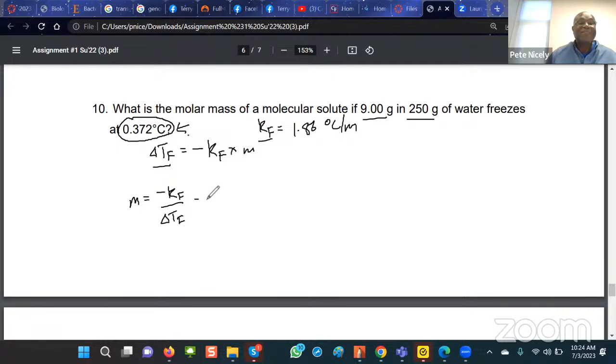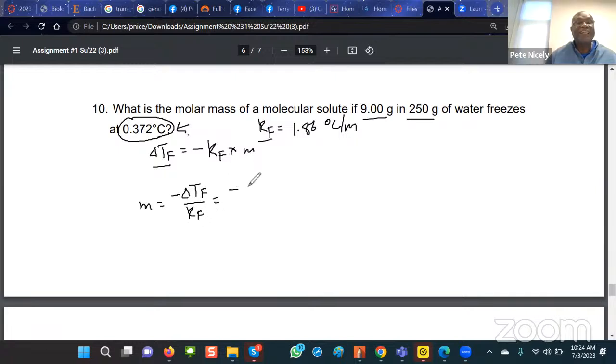All right. So that's minus 1 point. No, I'm sorry, it's the other way around. Let me erase this here. So the molality is equal to minus delta TF divided by KF, all right?